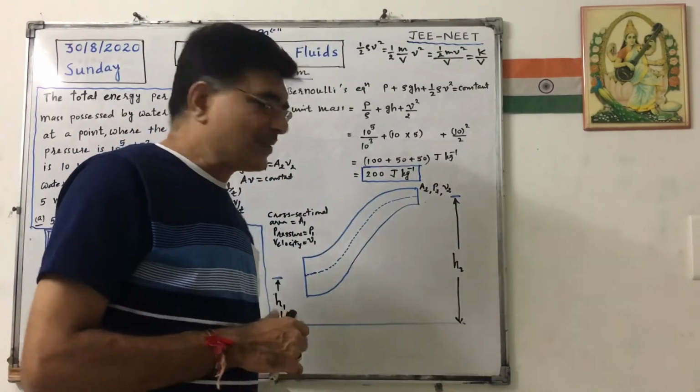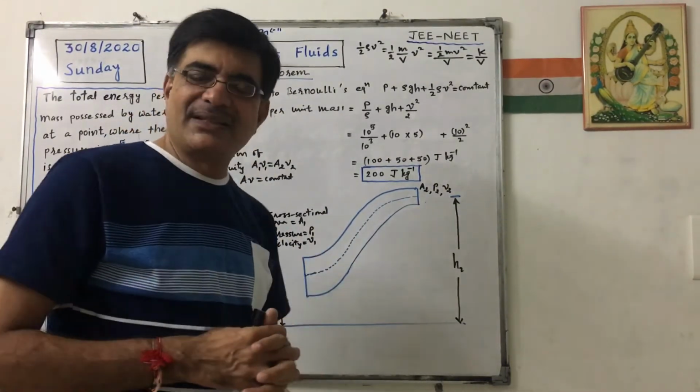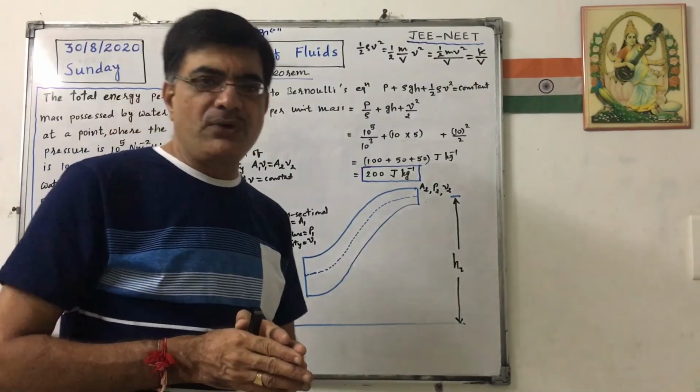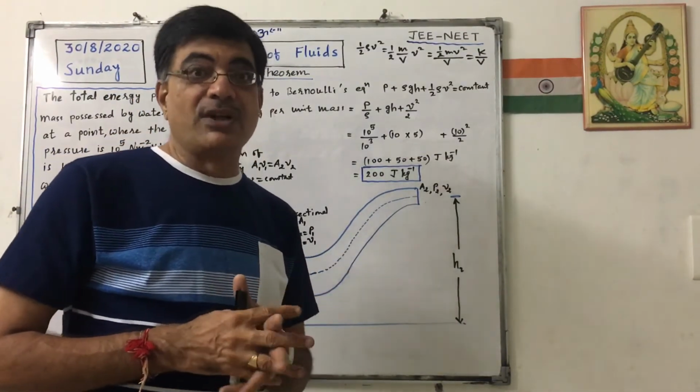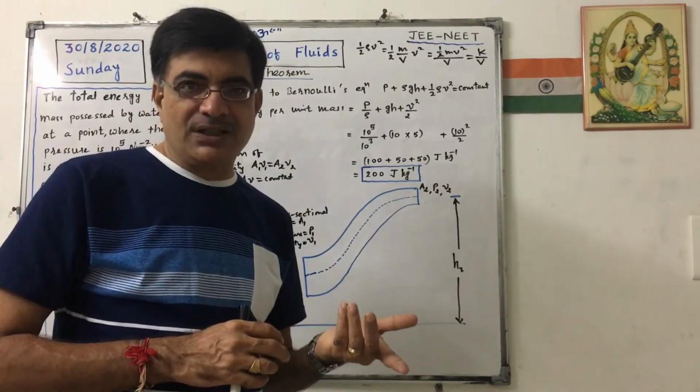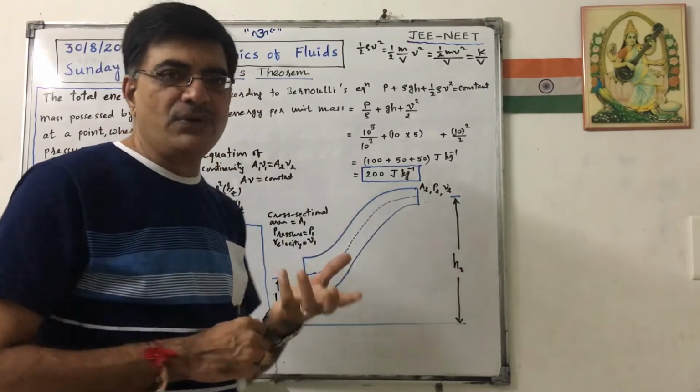So that is all about Bernoulli's theorem and equation. It was proved using the work energy theorem, and we know that it is a key equation in solving problems of mechanics of fluids.